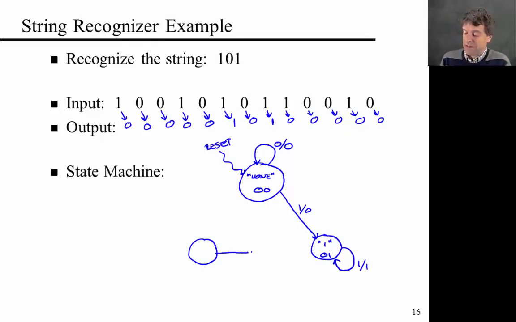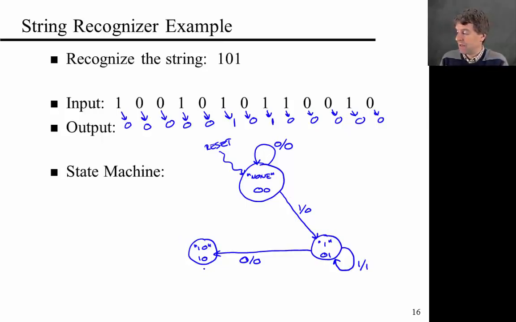But if I'm then seeing a 0, I'm outputting 0, and I'm going to this other state, which you could call 1, 0, and I'm also going to encode it as 1, 0, just because I've seen a 1 followed by a 0.